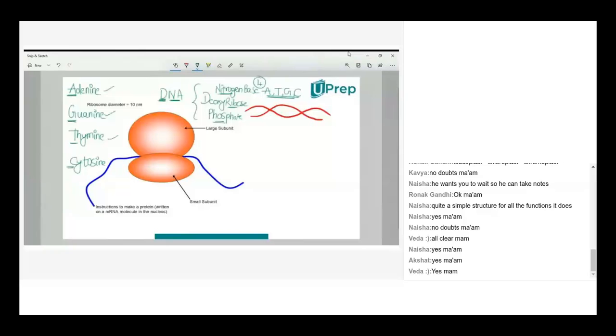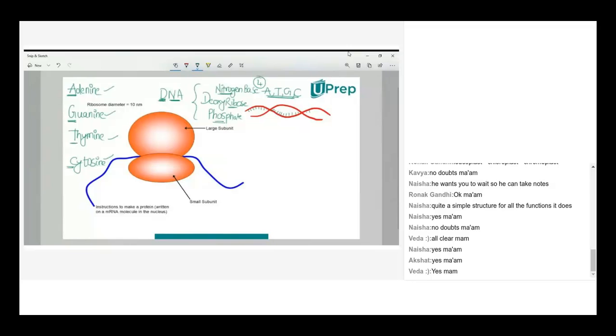How that gets differentiated, like which molecule is there on the DNA. Suppose you take this as a DNA molecule. On the DNA strands, you will have nitrogen bases arranged like this.